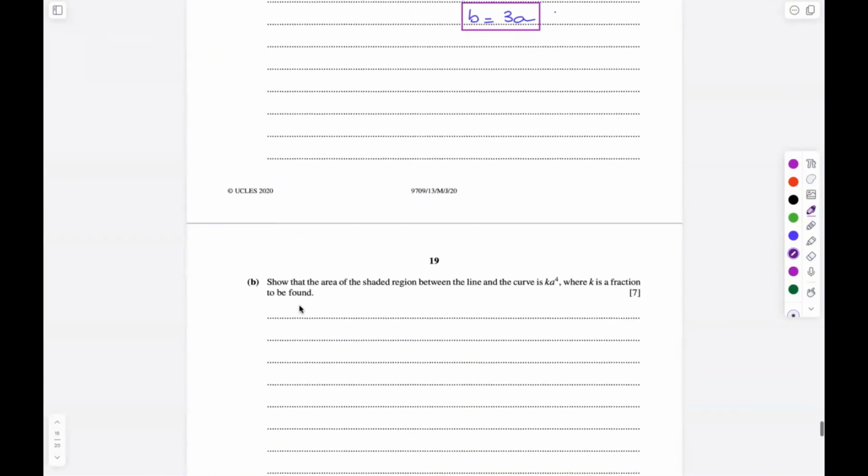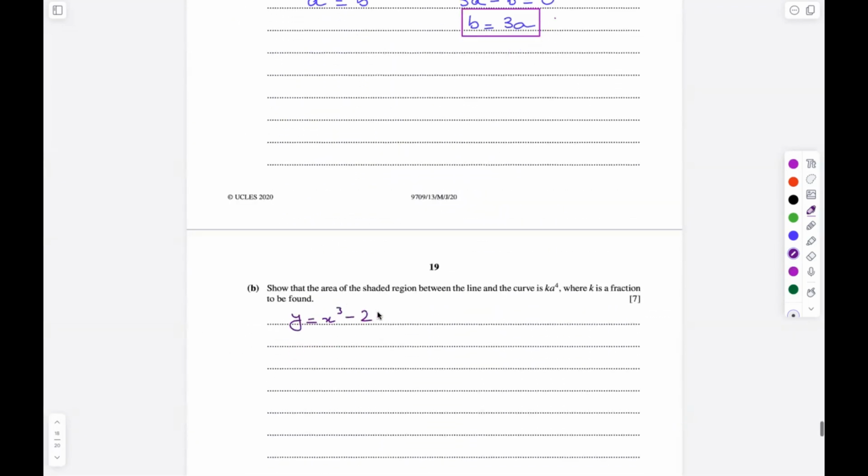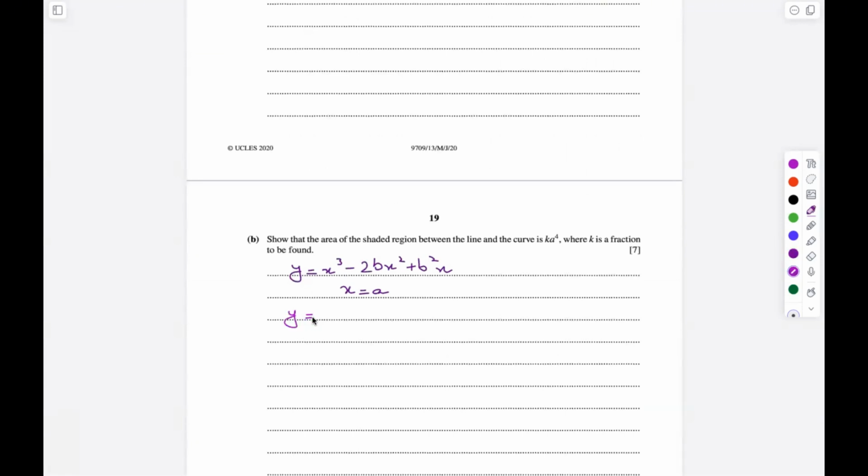So the equation of the curve is y equals x cubed minus 2bx squared plus b squared x. Now we know that the value of x is a, so substituting a over here, y will be equal to a cubed minus, and as we know that b is equal to 3a, in place of b we can write 2 times 3a times a squared, and this will become plus 3a whole squared times x, and x is a.